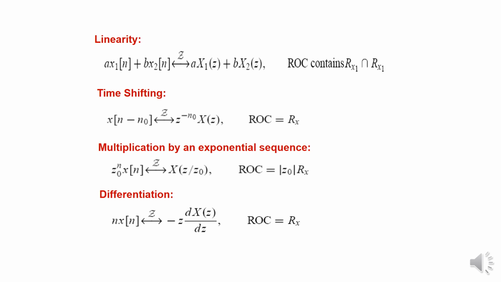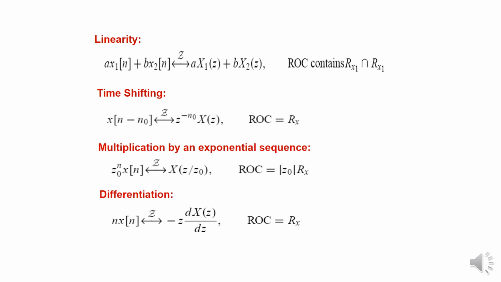First one is the linear property. When we have a x1[n] plus b x2[n], then the Z transform will be a X1(z) plus b X2(z), right? In time shift, x[n minus n naught], that time shift will affect the Z domain by multiplying by z to the power minus n naught, times X(z).